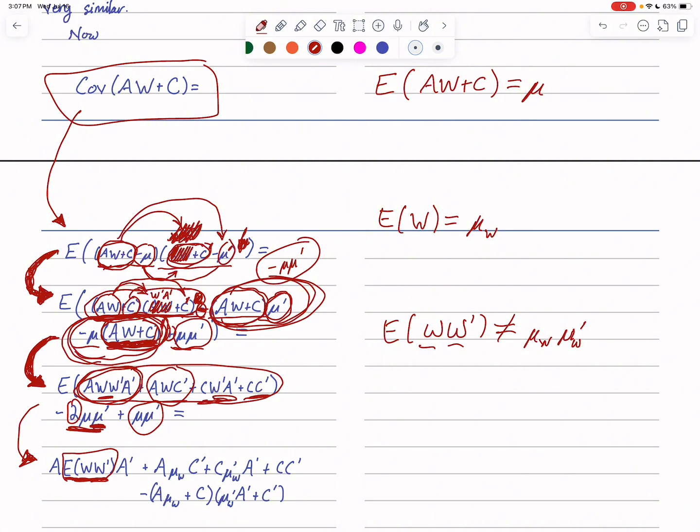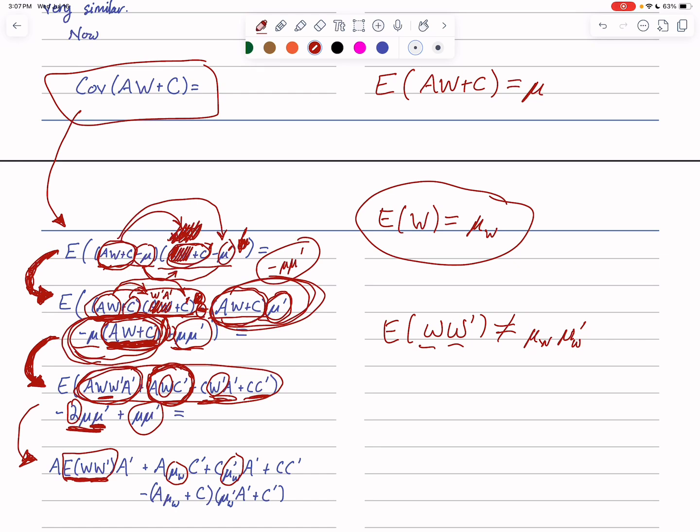But let's look at all the rest. When I distribute here, A and C prime are both constants, and so I can distribute the expectation into just the W, and that's why it turns into this mu sub W, because we agreed that we were going to call the expected value of W just mu sub W. This is going to just turn into mu W prime.